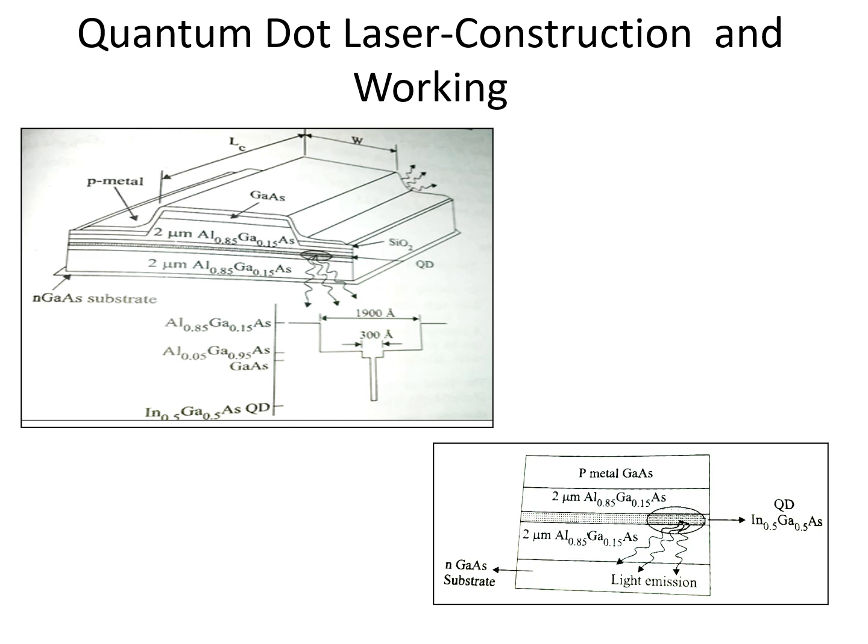Then at the bottom you can see n-GaAs, which is going to act as a substrate. You also have p-doped GaAs present at the top. Then a metal cap is there from which the metal contacts can be given. This is the overall structure of the laser.